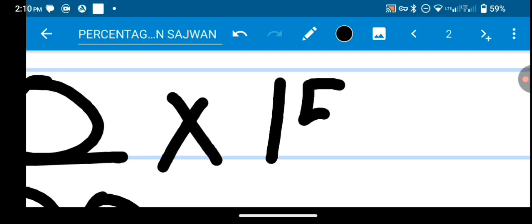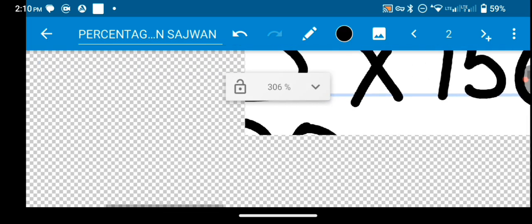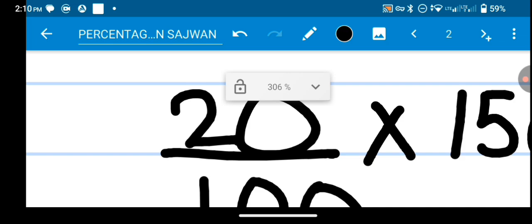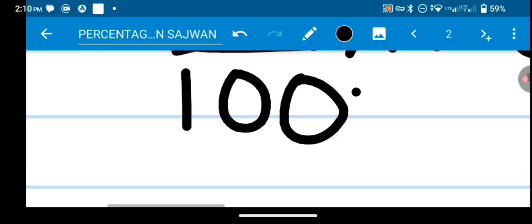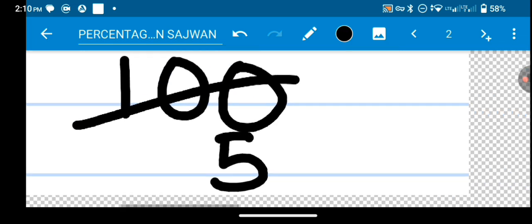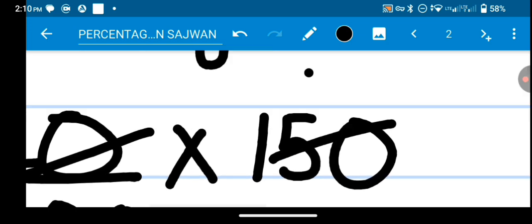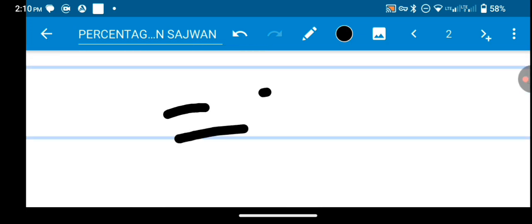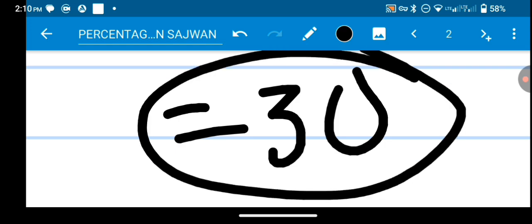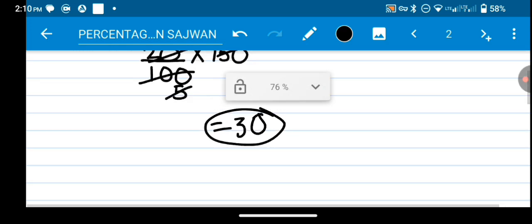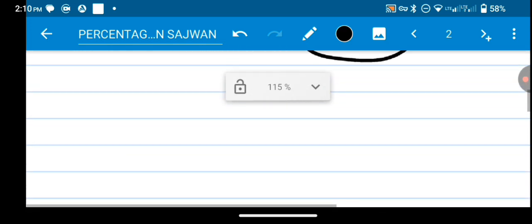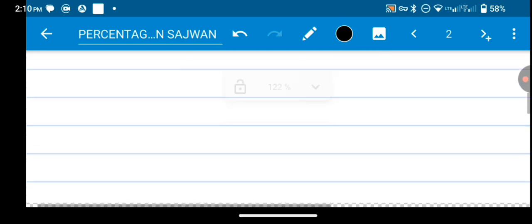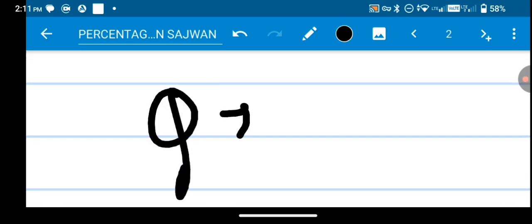So 20 over 100 times 150, which is 30. Then 20% of 150 is equal to 30. Now a second question suppose came like this.